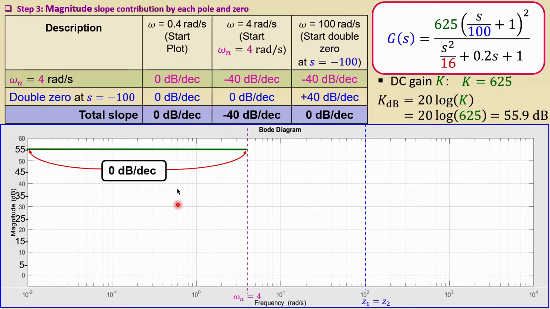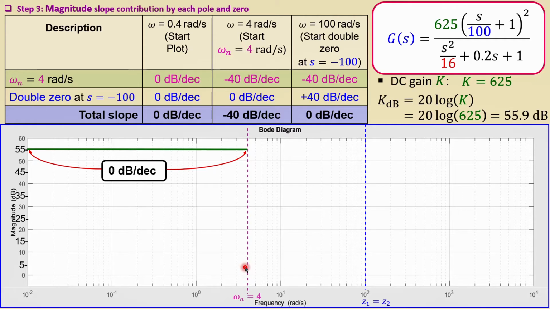We can also say the slope must be 0 dB per decade from 0.4 up to 4 radians per second. That is true, so you can recognize this is 0.1, 0.2, 0.3, and 0.4. From there up to 4, the slope must be 0 dB per decade, but it's also true from lower frequencies up to 4 radians per second.